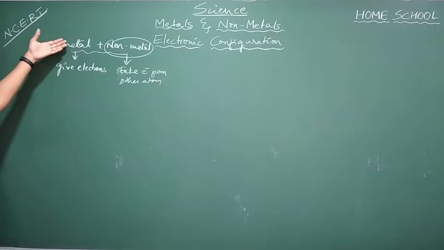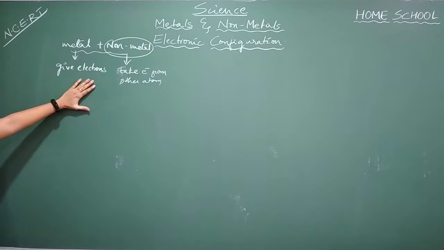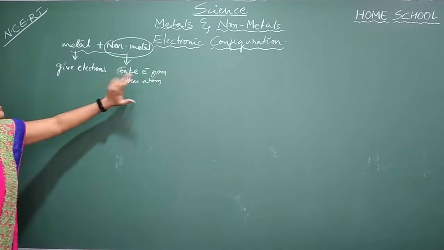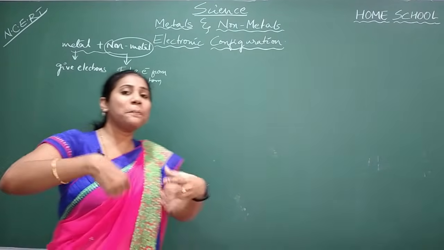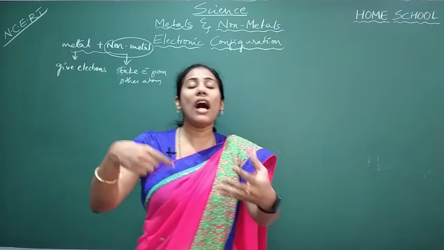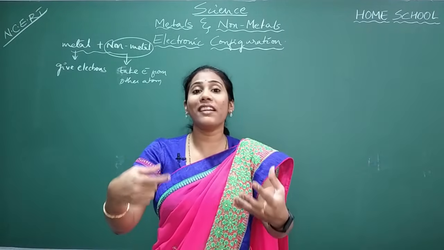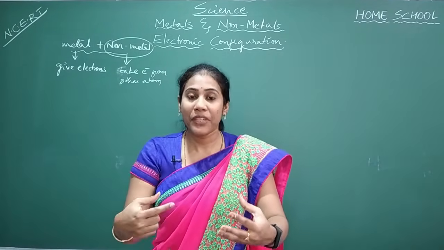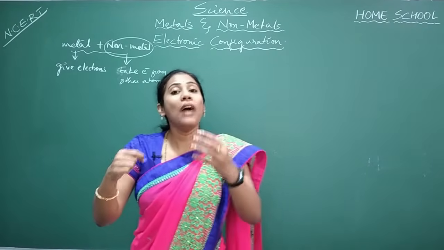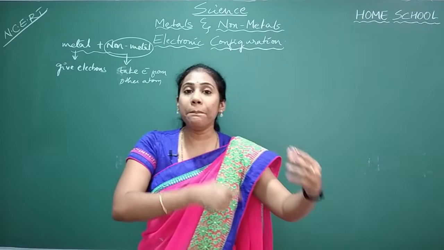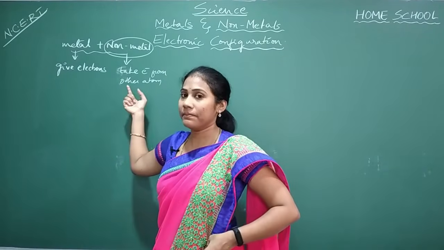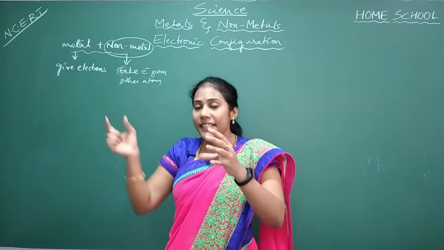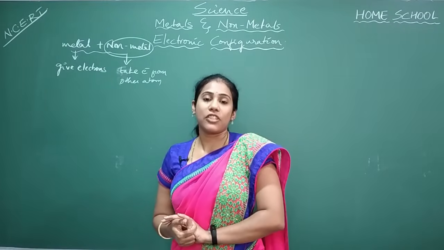Okay, so this is the guy which is giving electrons, and this particular guy is taking that electron. Okay, so when this happens between two atoms, a chemical bond or attraction is created, and that is how you are going to get a completely new substance out of it when they react. Clear, everybody? Okay, so this is what we call chemical reaction.